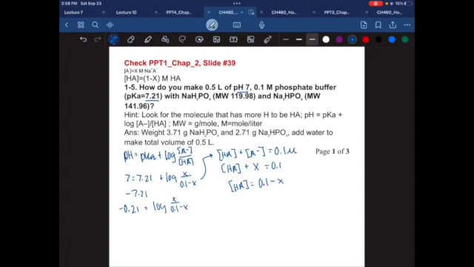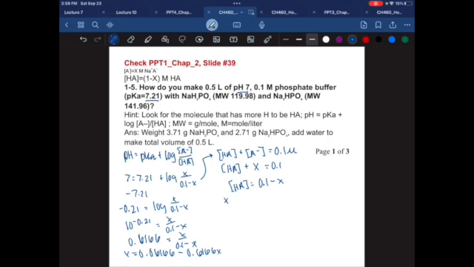So here, log has a base of 10, so we'll do 10 to the negative 0.21 power equals X over 0.1 minus X. And then that will give us 0.6166 times 0.1 minus X. Cross multiply to get 0.06166 minus 0.6166X.